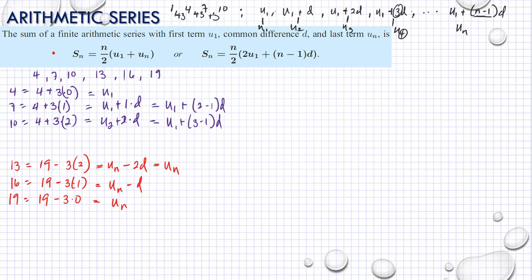U sub n minus 3 minus 1 d. Oh no, it should be minus there. And this one is u sub n minus 2 minus 1, the difference, and you have u sub n. Okay, so if we have now u sub 1 plus u sub n.